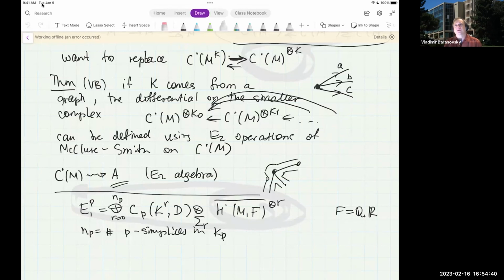So if we worked with objects which are maybe derived intersections of Lagrangians, then on the level of categories we would have to work with, I guess, maybe this is E2. I don't want to confuse E2 and E1.